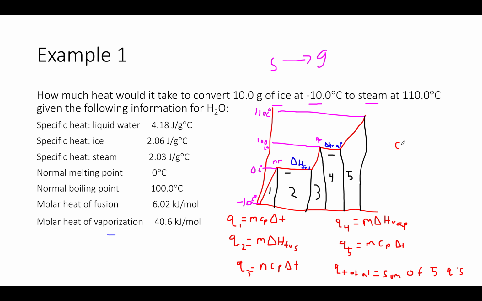All of our Q's should be positive. Why? Because we're going up the stair step. We're converting an endothermic phase change. So if our Q is negative, something's wrong. It should be positive because this is an endothermic change. So what I'm going to do is solve for all these 5 Q's on this page here.